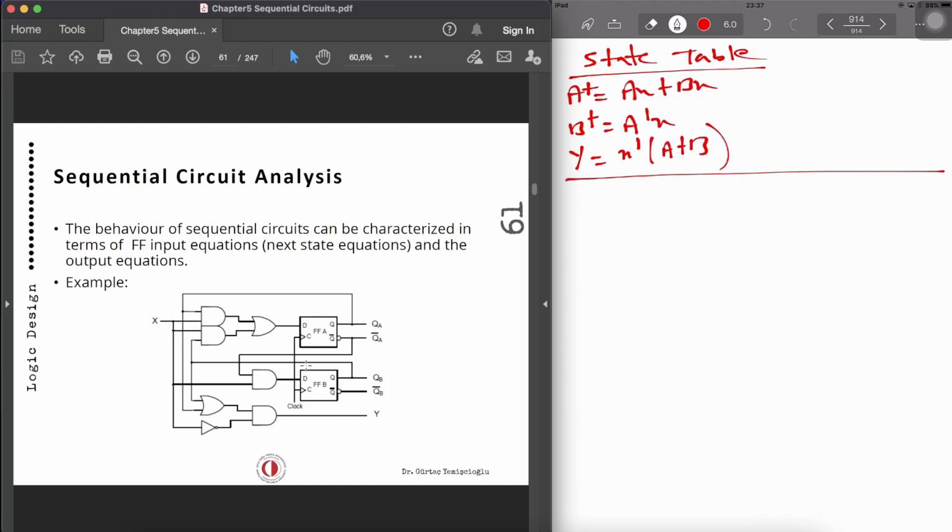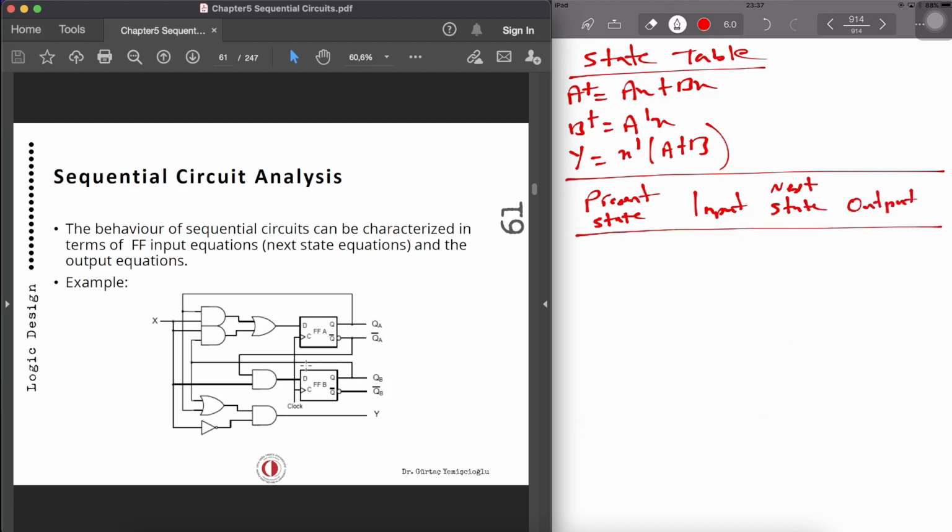In order to derive the state table, this is the simplest way of doing this: present state, input, next state, and output.